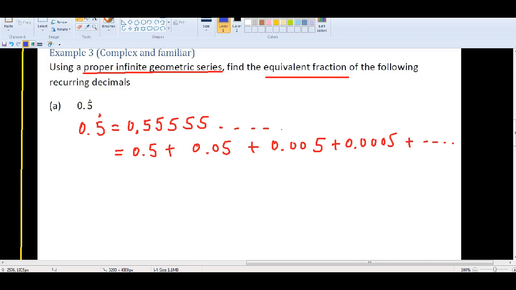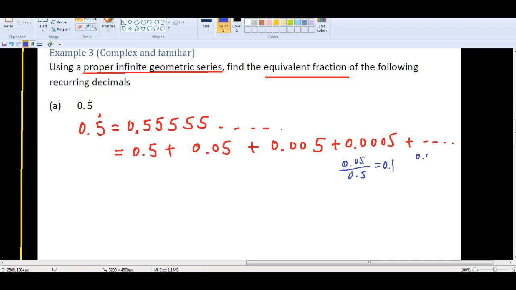Okay, let's see, do these numbers form a geometric sequence? Yes, because 0.05 divided by 0.5 is 0.1, and that's the second term divided by the first term.